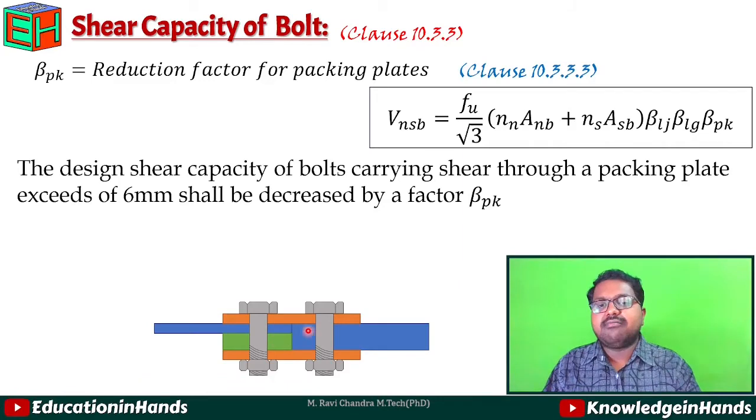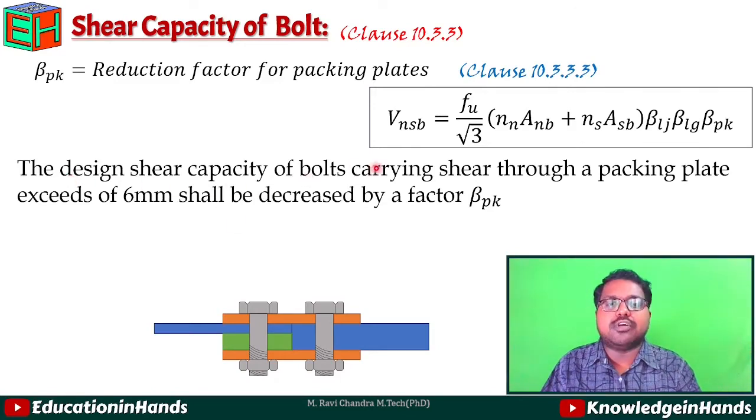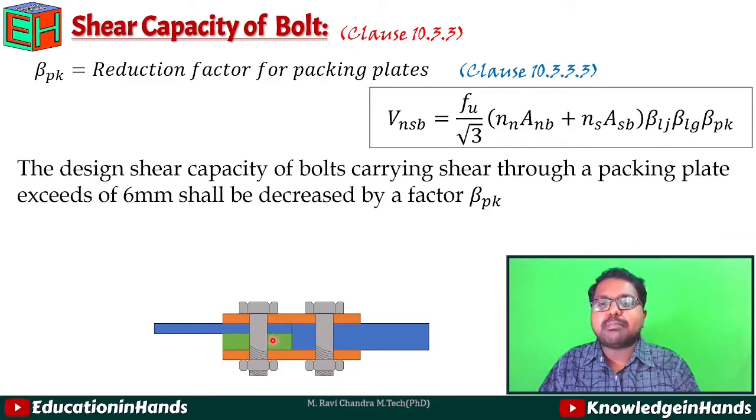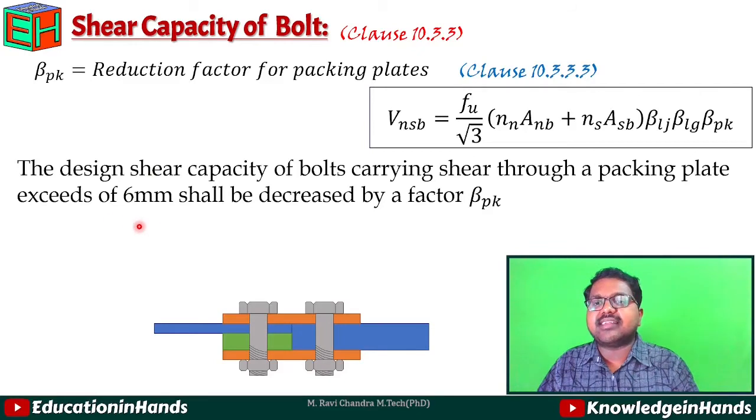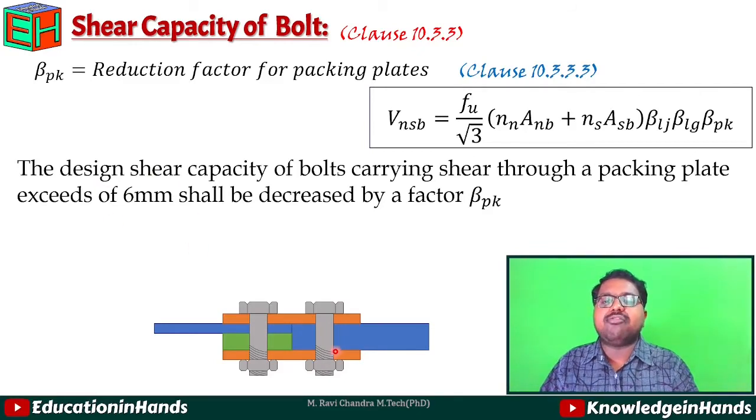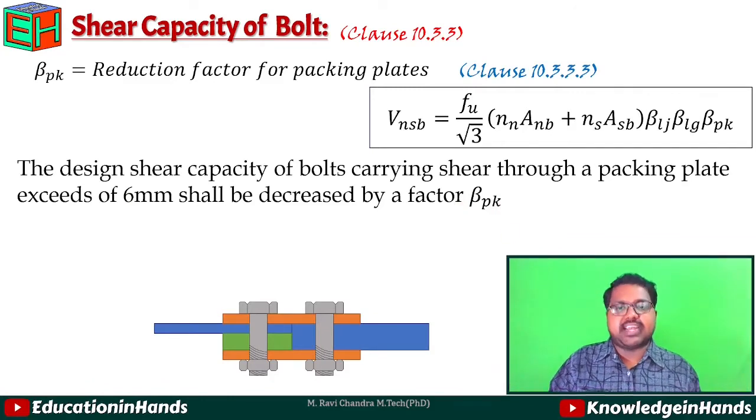Whenever we use this kind of connection with the help of a packing plate, then the design shear capacity of bolts carrying shear through packing plates, if the packing plate thickness exceeds 6 mm, we need to consider this beta PK reduction factor.